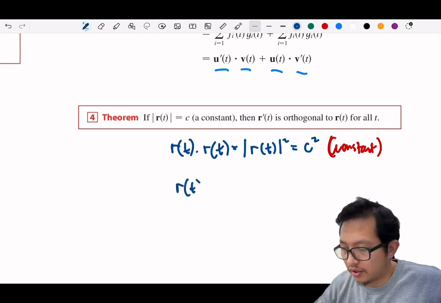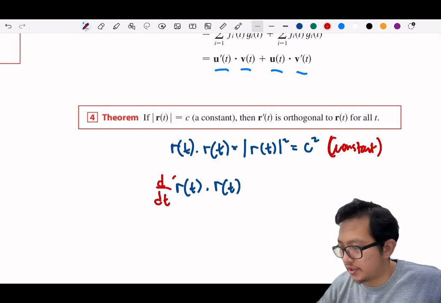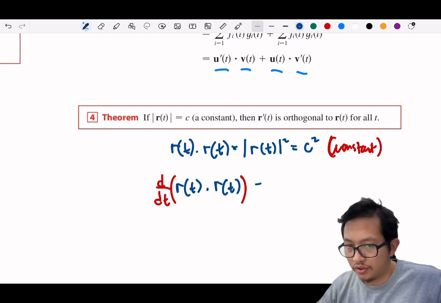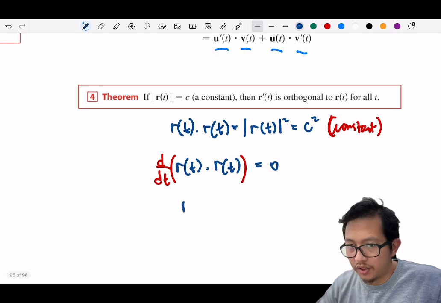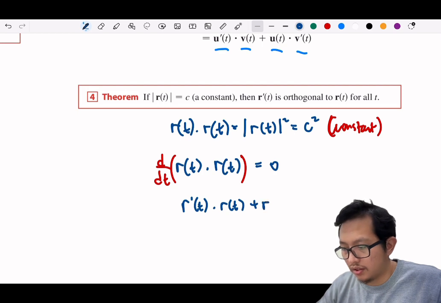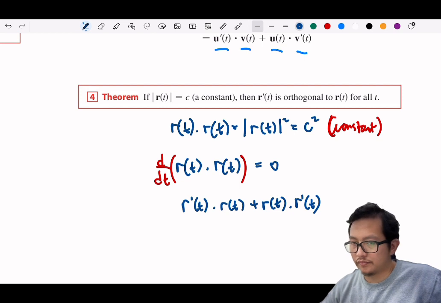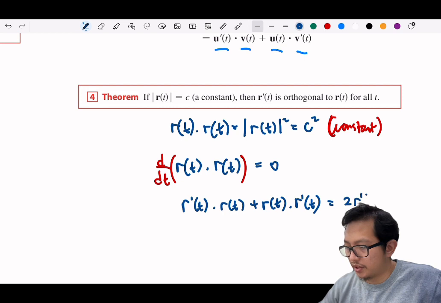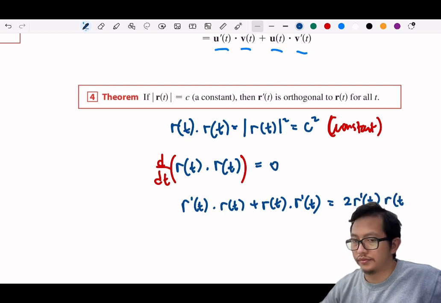So r of t dot r of t, and we take the derivative of this dot product. This should be equal to 0, right? So this will be r prime of t dot r of t plus r of t dot r prime of t, which gives you 2 r prime of t dot r of t.